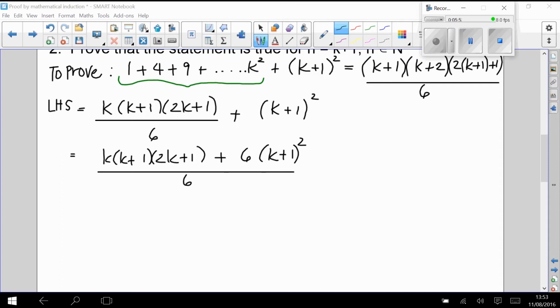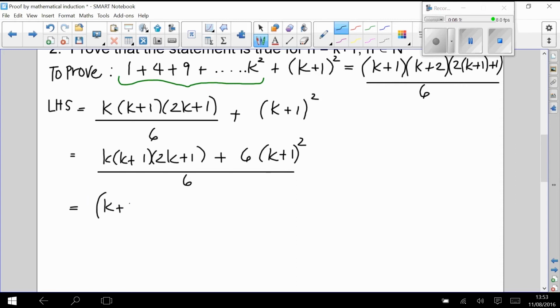I want to get a bracket, which is k plus 1. I want a second bracket of k plus 2. The third bracket that I want is going to be 2k plus 3, and that must all be written over 6. Can you spot that I can already get my k plus 1 bracket because there is a common factor of k plus 1 in both of those terms in my numerator?